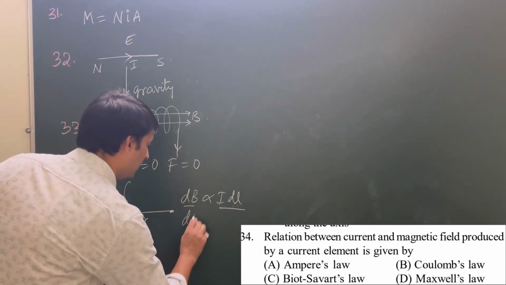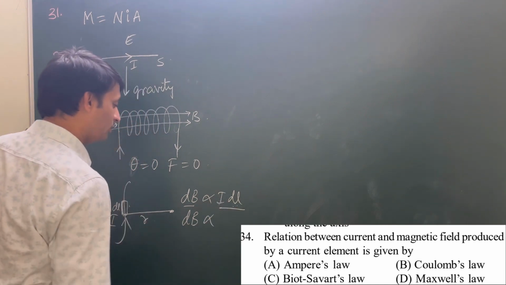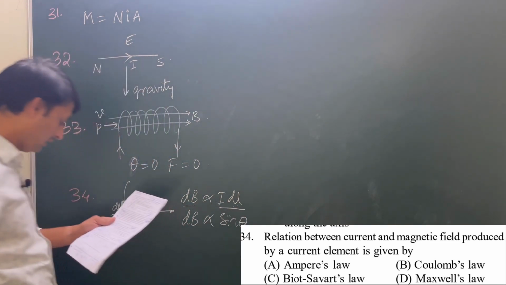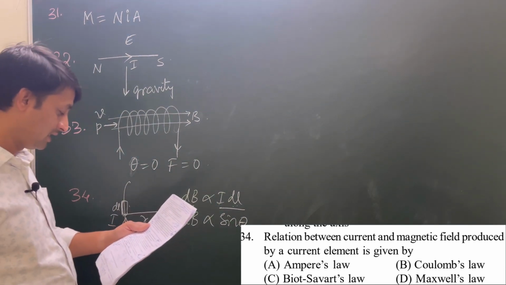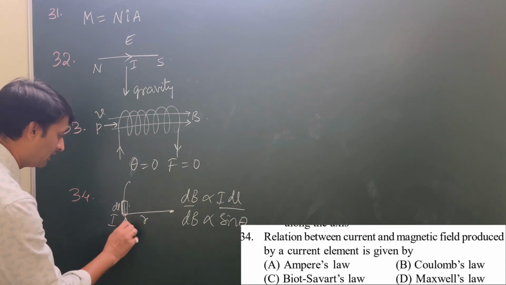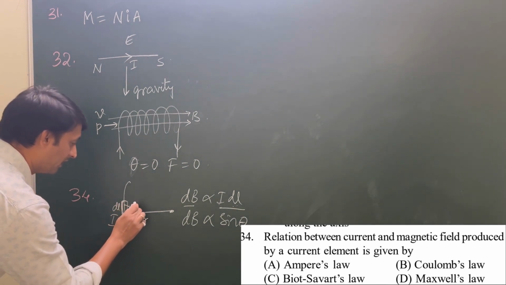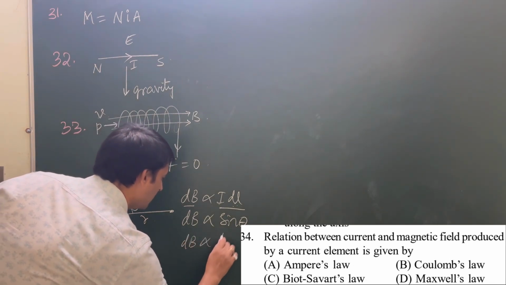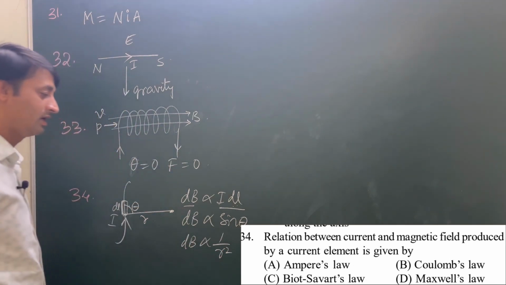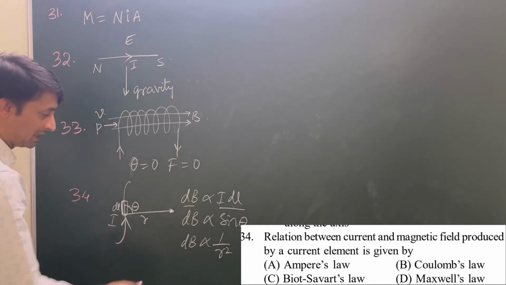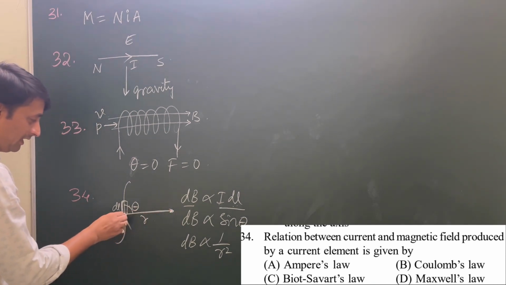It is also directly proportional to sin theta, where theta is the angle between the distance vector r and the direction of the current. The strength of the magnetic field is inversely proportional to the square of the distance between this point where we are finding the magnetic field and the current element.